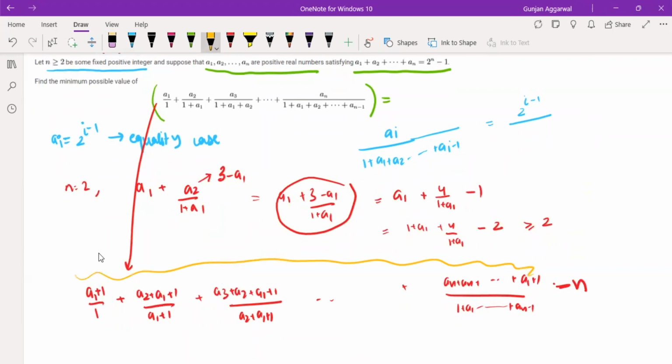Directly using AM-GM here gives that this is greater or equal to n times the nth root of the product, which is simply 1 plus a1 plus a2 to an, because this cancels, this cancels.